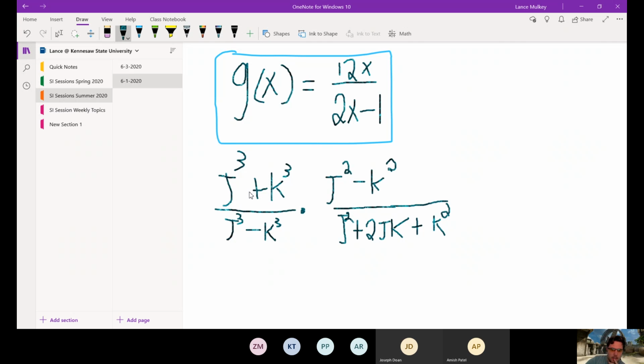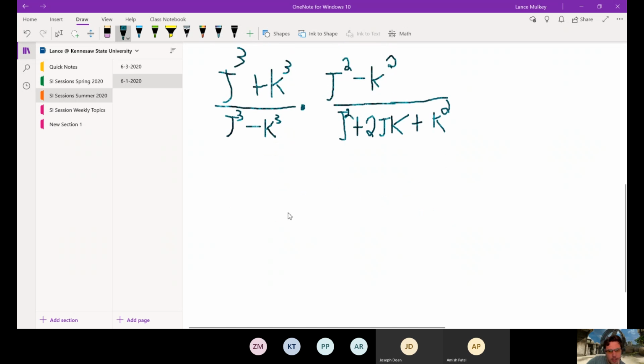So for the top, you'd get j plus k times, because of the same sign, then you have j squared plus, oh no, opposite from SOAP. So you have S and then O. So you kind of have to memorize that formula.